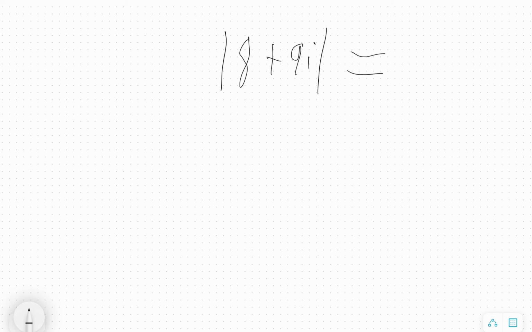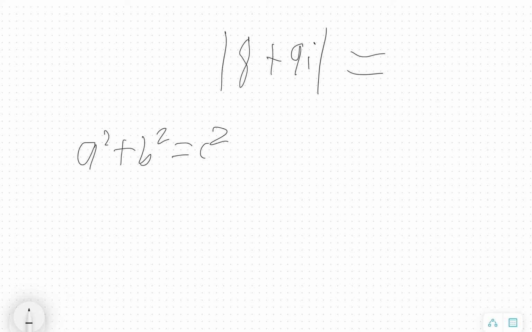Well, we need to look at the Pythagorean theorem. Now this is going to sound weird, but this is how you do it. The Pythagorean theorem is a squared plus b squared equals c squared. Hopefully you know that by now.